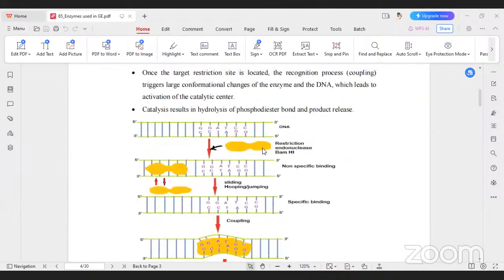So this is DNA, the DNA strand, and the restriction endonuclease binds to this one. Actually, this is non-specific binding and sliding, and this is the specific site. This is the recognition site, but the enzyme binds just below the recognition site. But cleavage occurs at this restriction site. How does it cleave? Let's see.